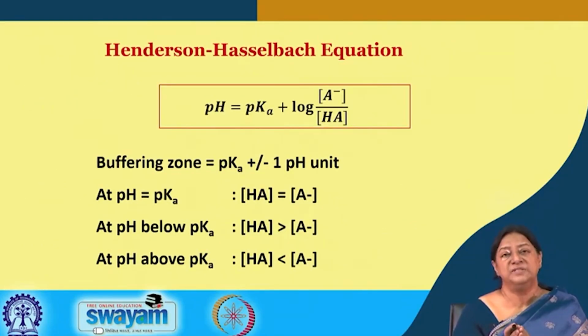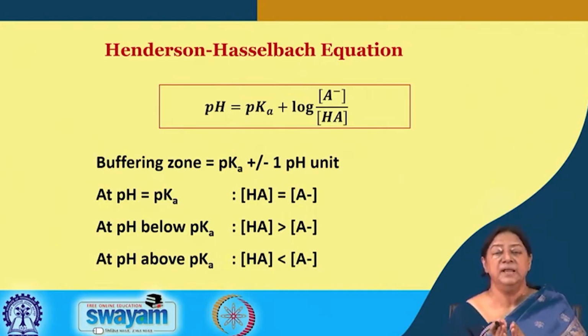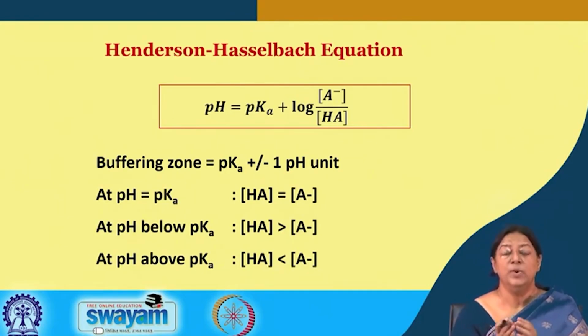So, if we have a specific pKa of a solution and we know the concentration of the A- or the concentration of the HA, the dissociation 10%, 20%, 30%, depending upon this dissociation, we can measure the pH of our solution.